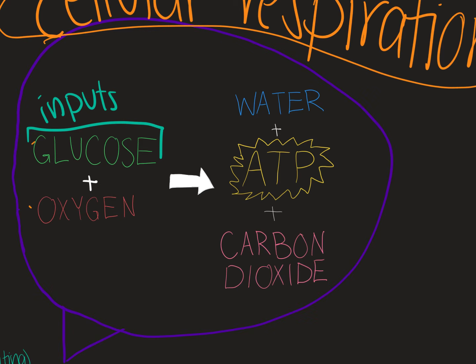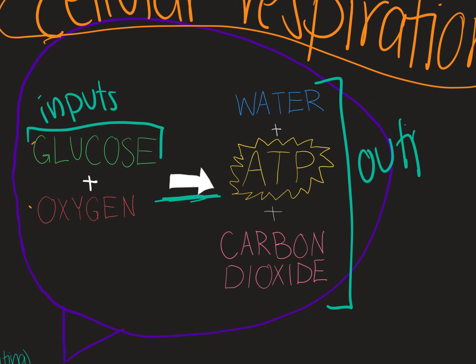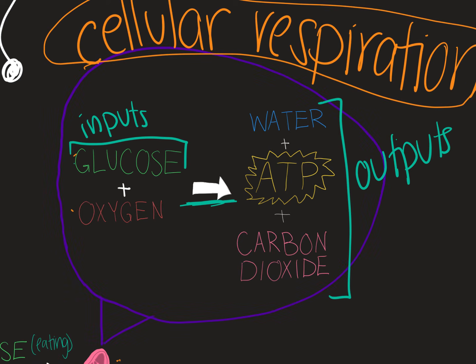So we have our glucose and oxygen combining in the mitochondria, and this arrow is telling us that they are converted into our three outputs. So we have glucose and oxygen are converted into water, ATP, and carbon dioxide.